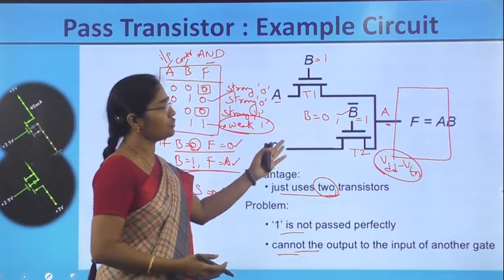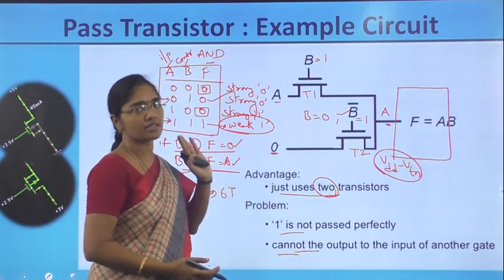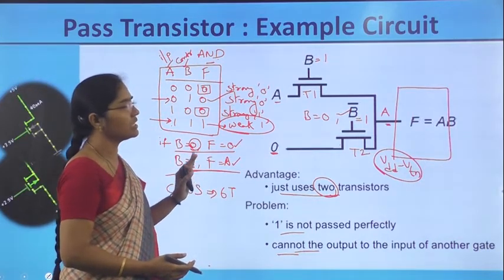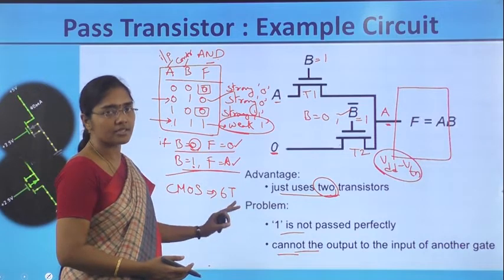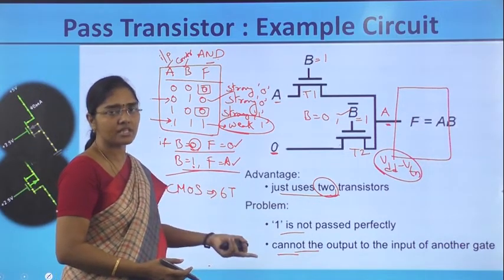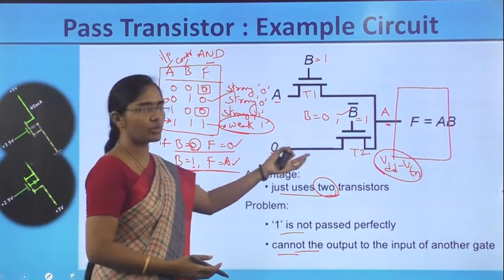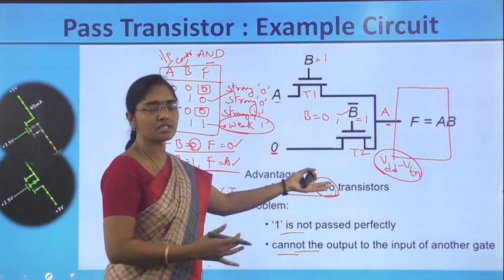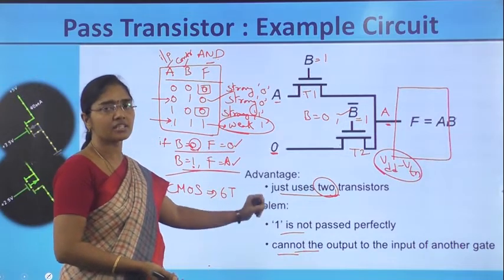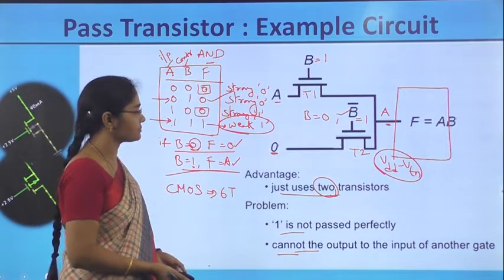So, it cannot be used in cascading stages because of the voltage loss problem. So this is the remark on the pass transistor. The advantage is that fewer transistors are used, but the disadvantage is that it produces a weak 1 in the output if it is nmos, and a weak 0 in the output if it is pmos. Therefore, in cascading connections, it is not preferable.